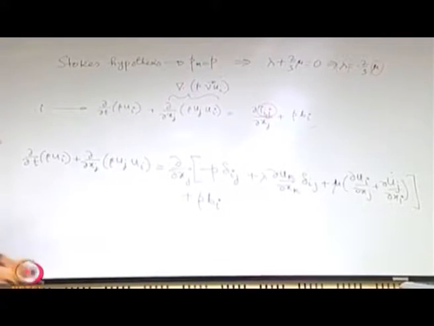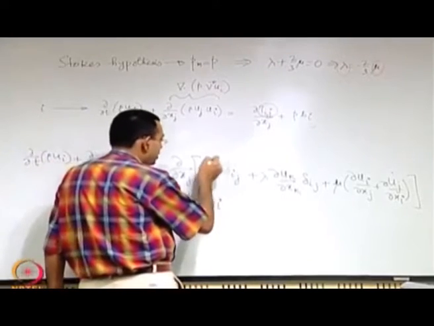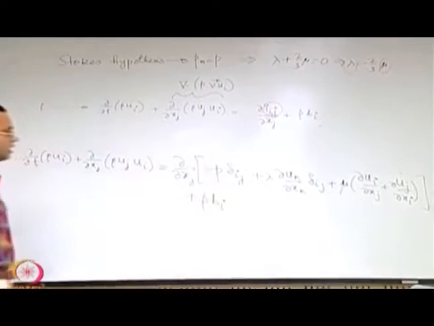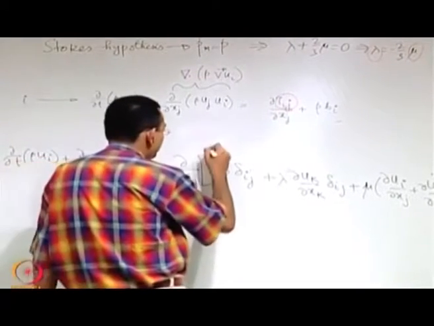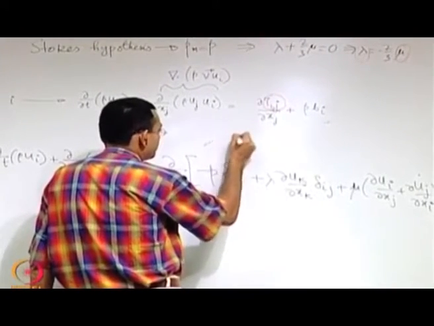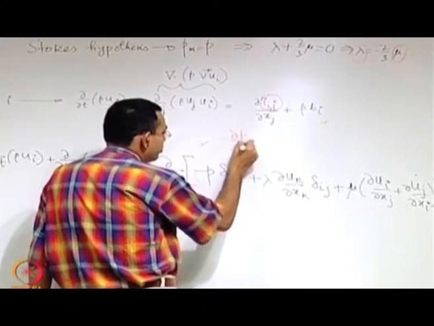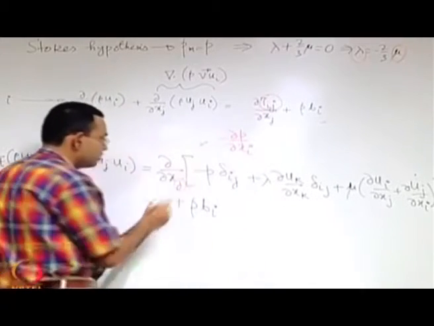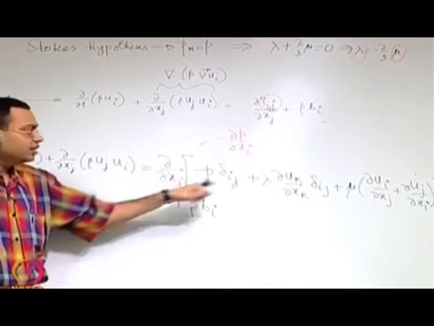So, we can make certain simplifications. Let us say we are bothered about the first term. See, delta ij equal to 1 when j equal to i. So, the first term will become... so you replace the index j here with i, then only this is 1.